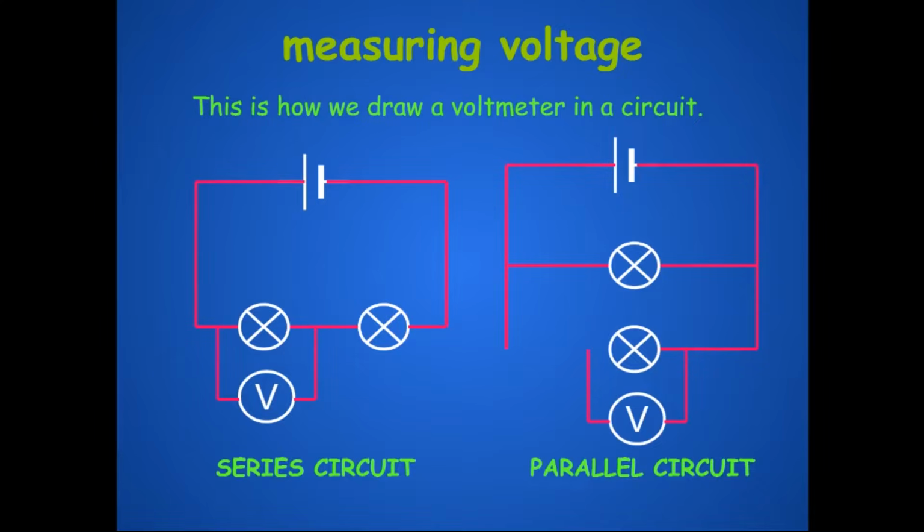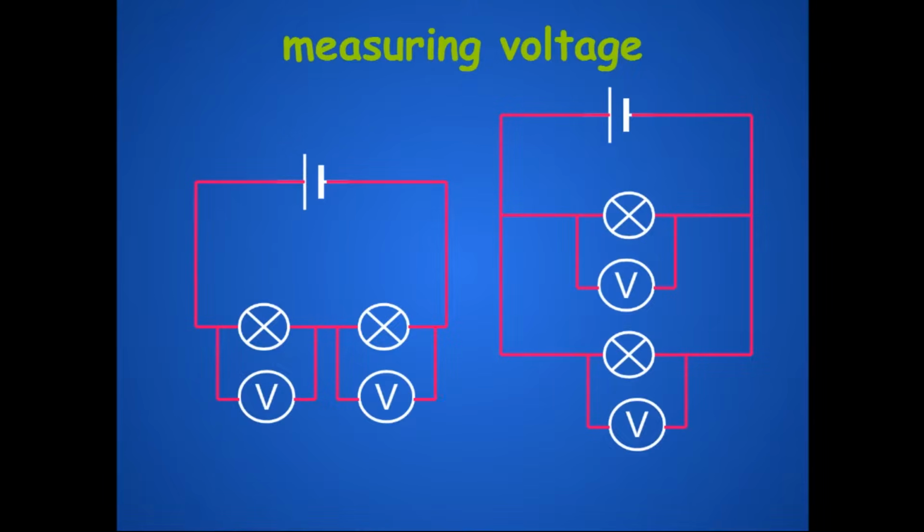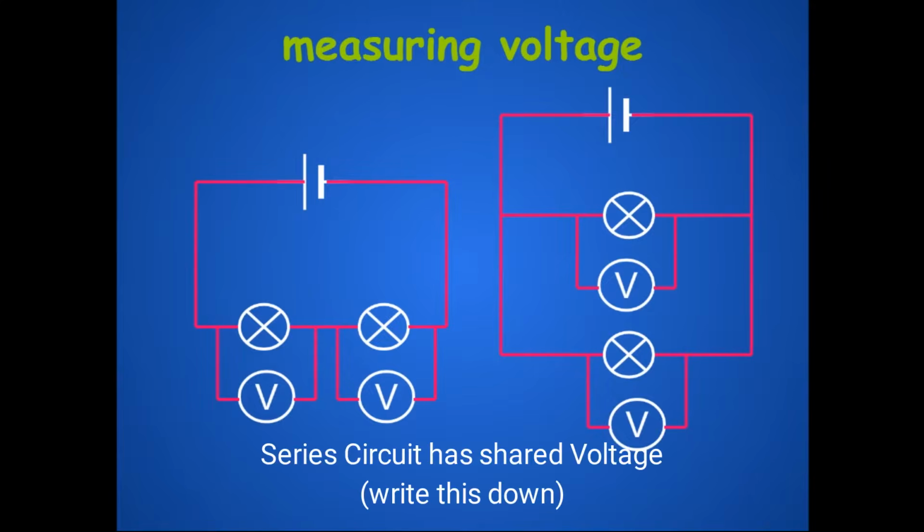This is how we draw a voltmeter in a circuit. So you can see on the series circuit, we're going to be across them, not with the circuit. And then the voltmeter on the parallel circuit is very similar. So remember, when we're measuring voltage across a series, we're going to be going across that circuit, and it is shared voltage. So whatever the total voltage on that circuit is, it's going to be shared between each of those areas.